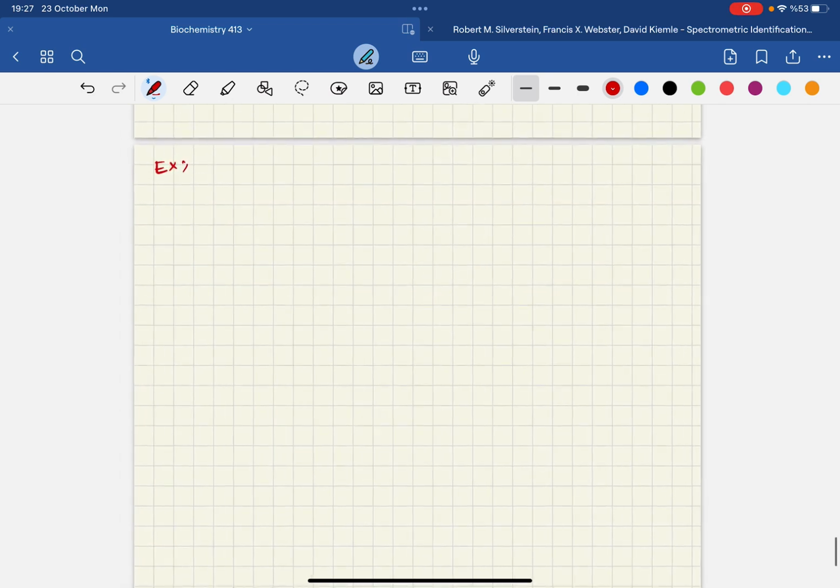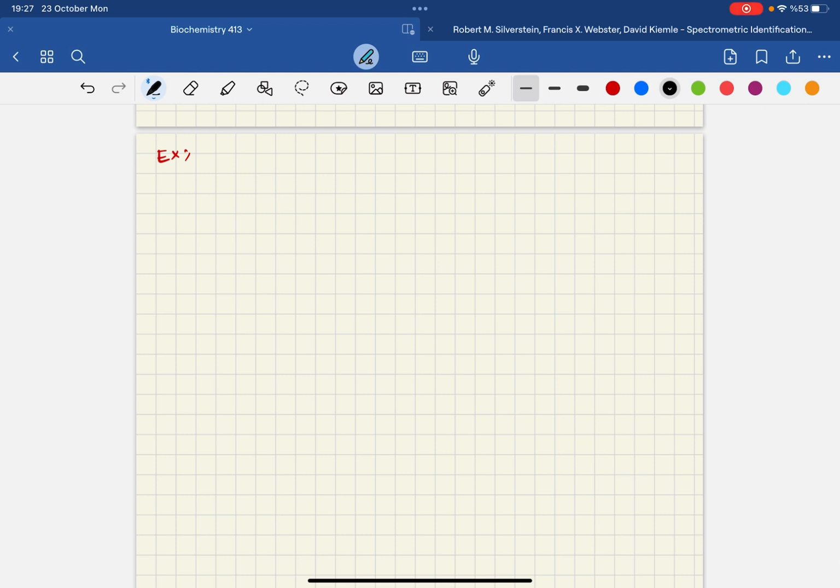Now in this example we have an acid like that, and here this is glutamic acid.